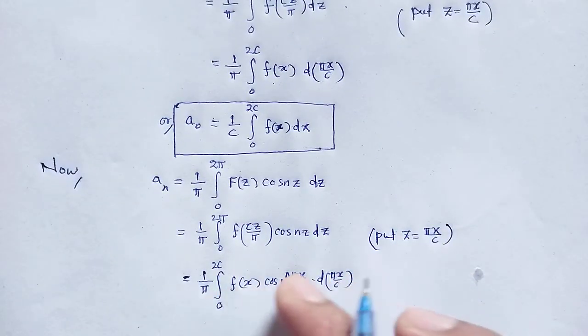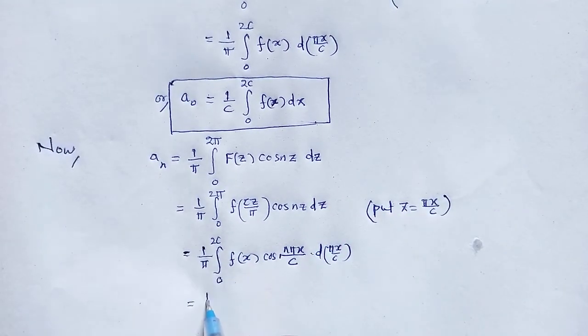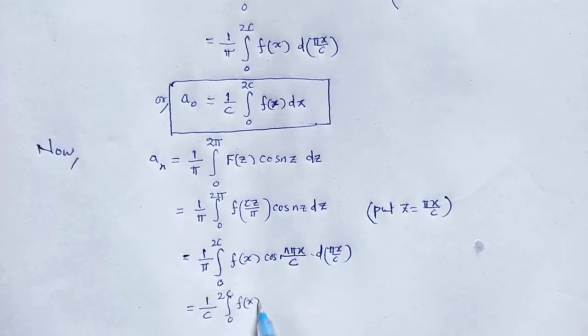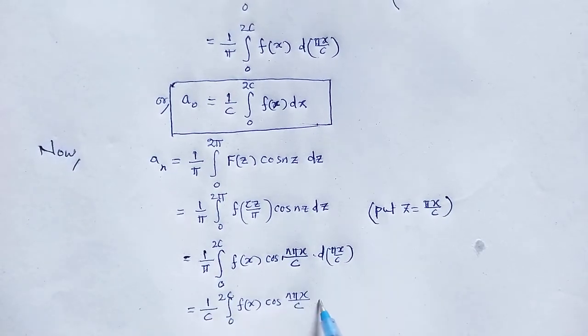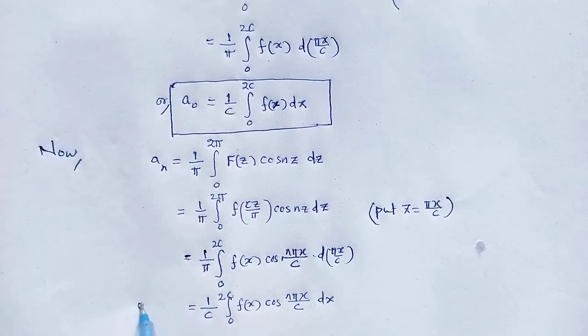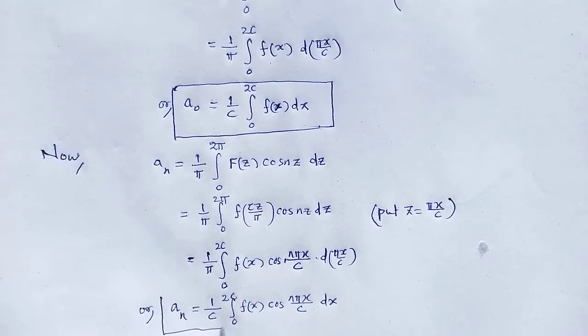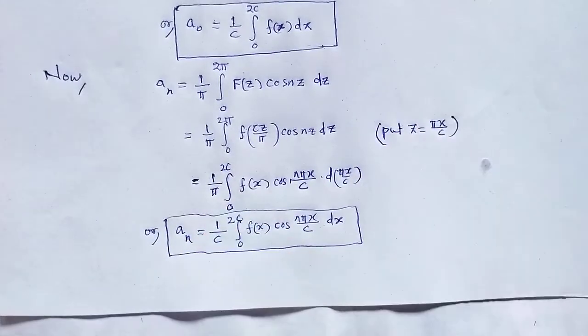Differentiating and taking the constant outside, that will be 1 by c integration from 0 to 2c of f of x cos n pi x by c dx, that is a n, another Fourier coefficient.